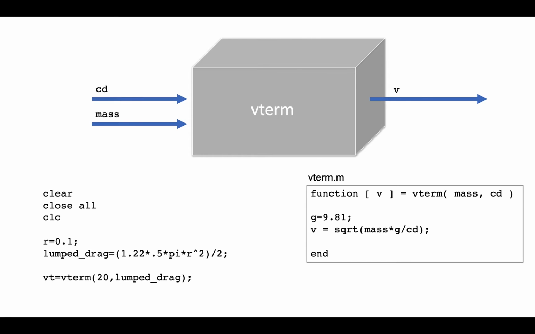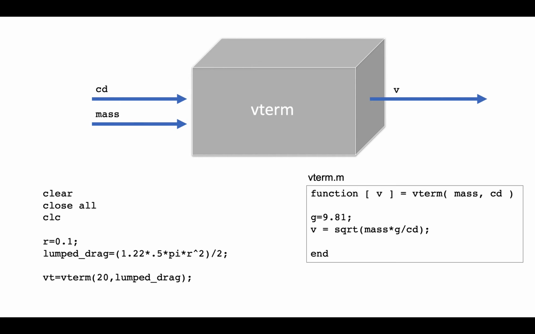And then you call your function vterm with two inputs. Here your first input is mass, which is 20 kilograms. And then your second input is the lumped drag coefficient, which in the function is referred to as CD. When you call vterm with 20 and lumped_drag, those become mass and CD inside of the function.